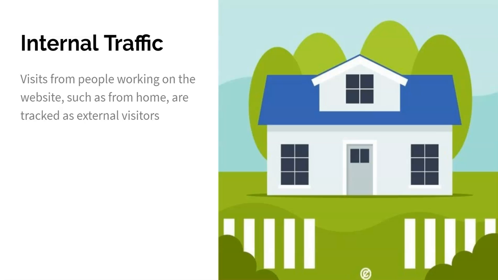So it can often be difficult to filter out all internal traffic by IP address, because you don't know whether some of your remote workers are going to a coffee shop, and therefore you might be seeing traffic that could be from one of your own employees working out of a Starbucks, or it could be a potential customer working out of that same Starbucks. They might even be sitting at adjacent tables.